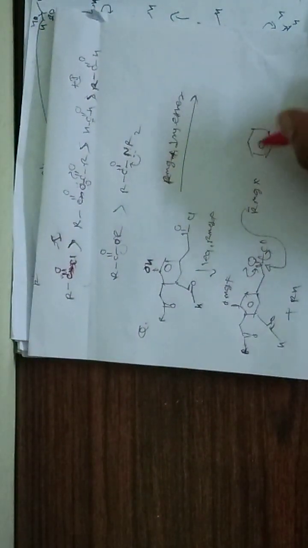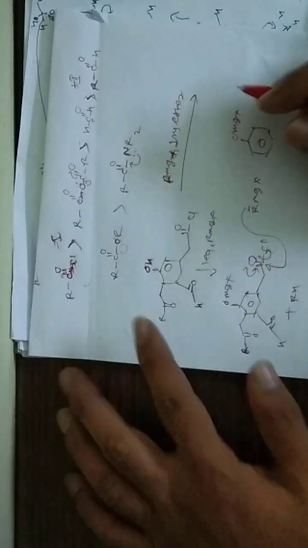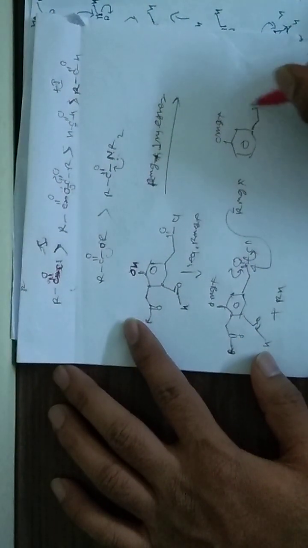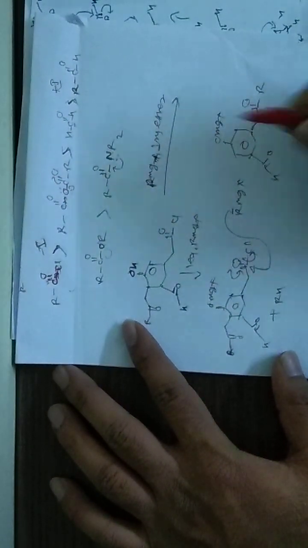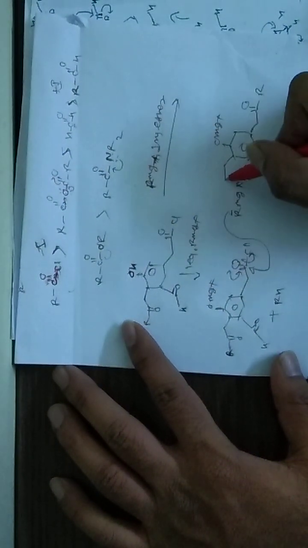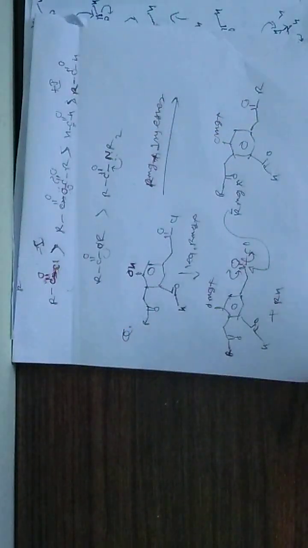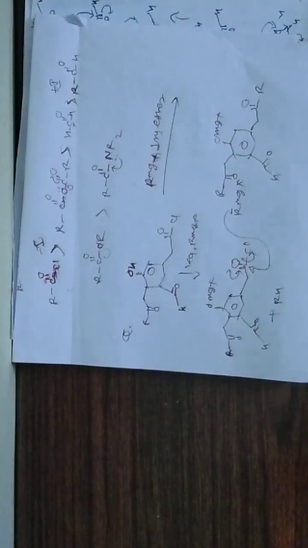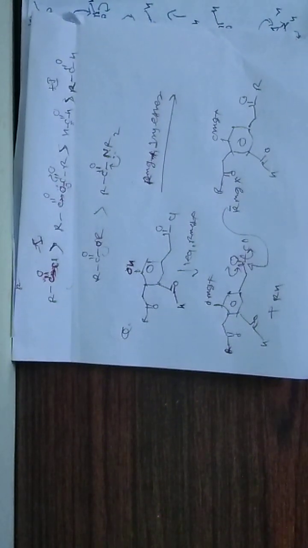So what will form? Here OMgX, here double bond O, here H, here R. Now if I add another equivalent of Grignard reagent, which carbonyl group will it react with?